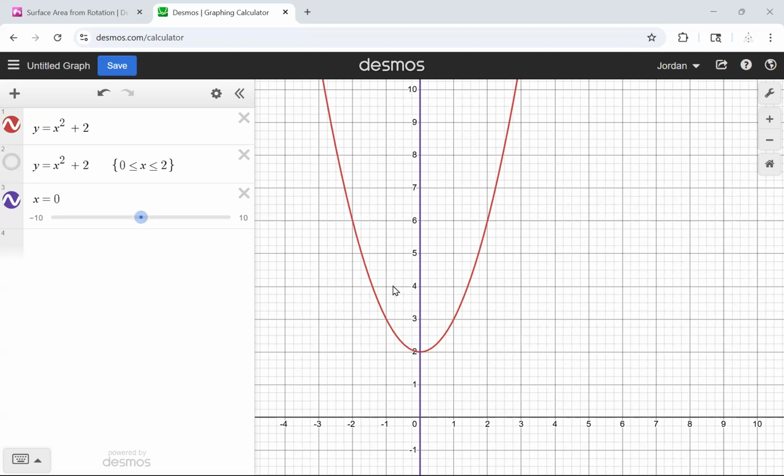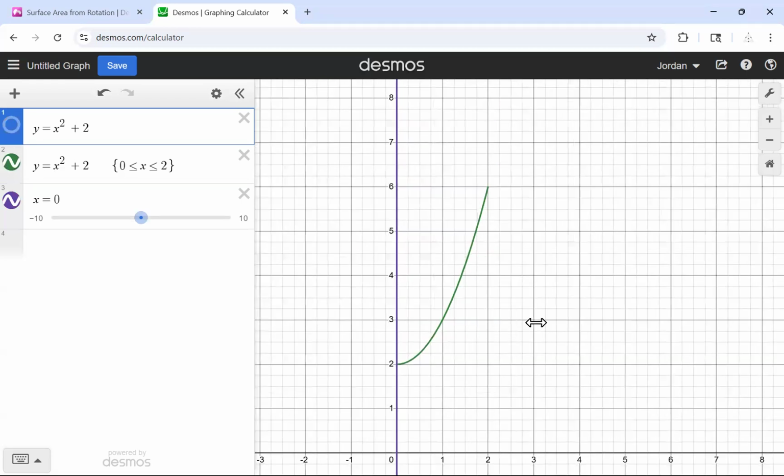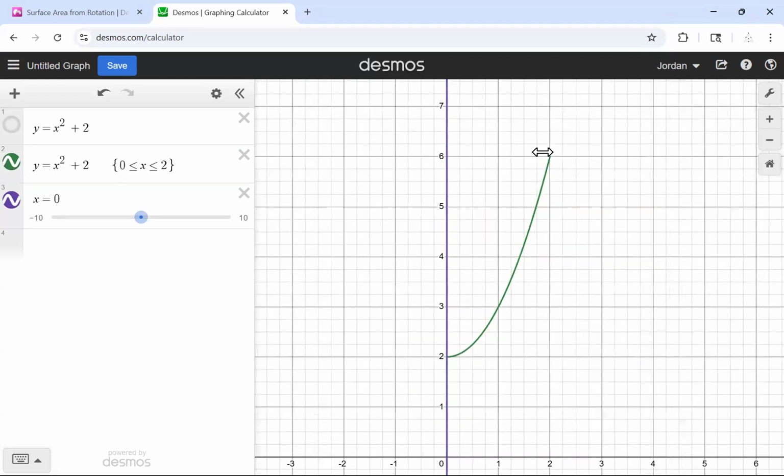This section of the curve goes from the point 0, 2 all the way to the point 2, 6. This is what I'm going to be revolving around the y-axis.